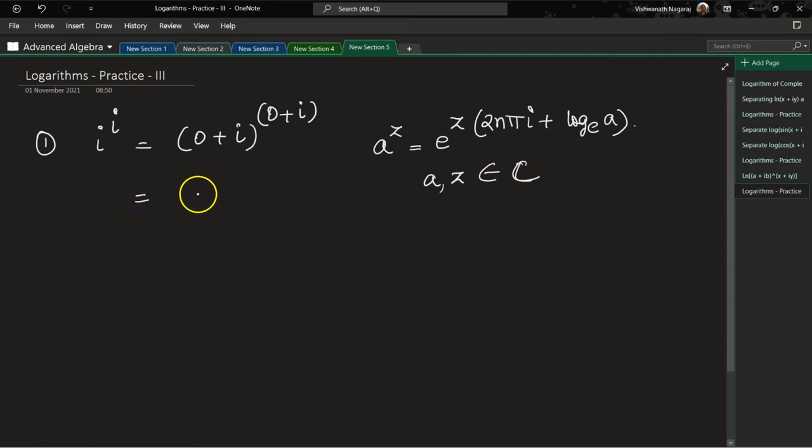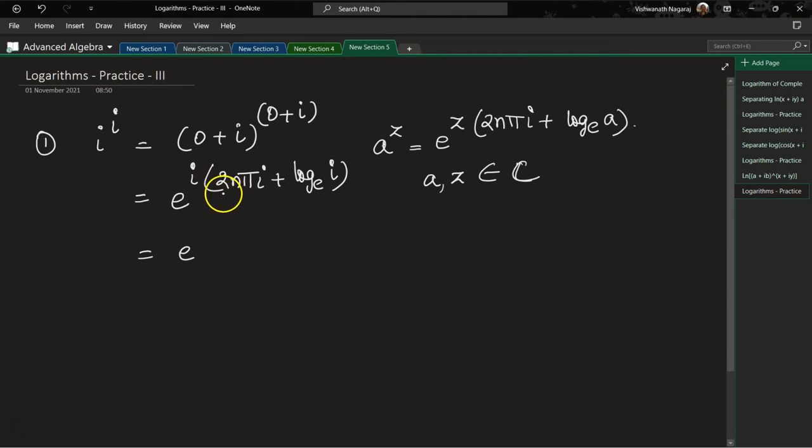So we can write this as e to the power of z times 2n pi i plus log e of a. Here z is i, and a is again i. Now let's open up this bracket.